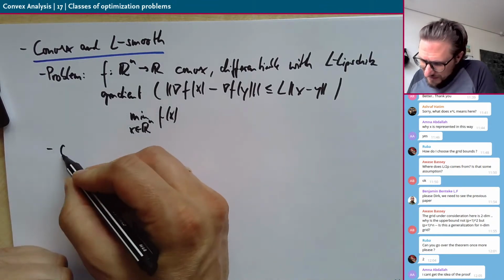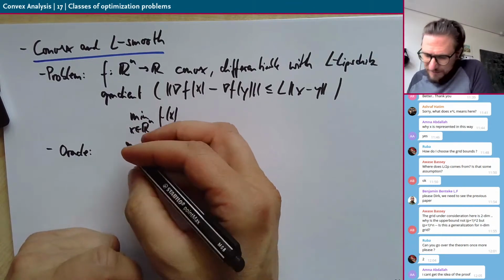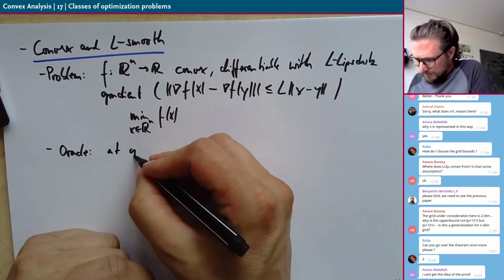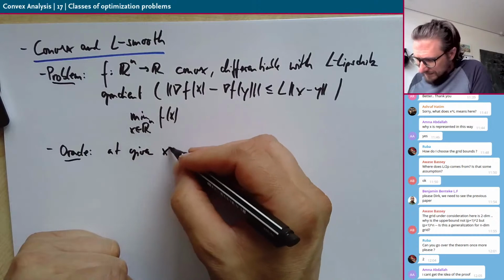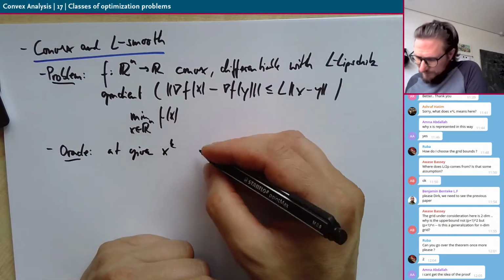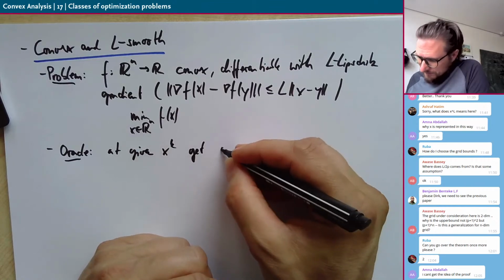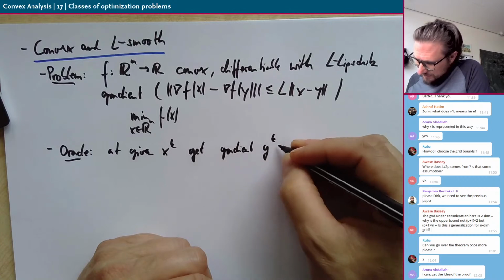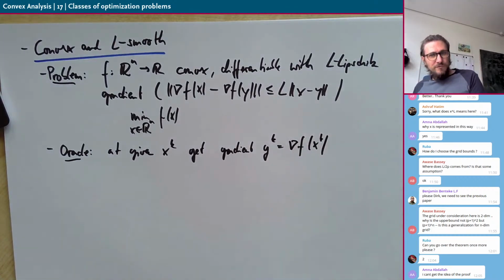So this changes a little bit what our oracle can give us. The oracle can give us, at a given point x_k, some gradient, and we call it g_k, and this is just the gradient of f at x_k. So it's not much different.